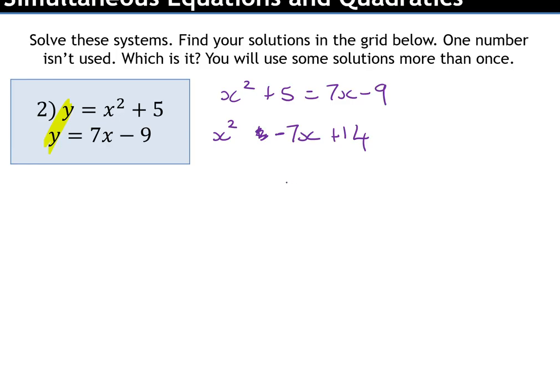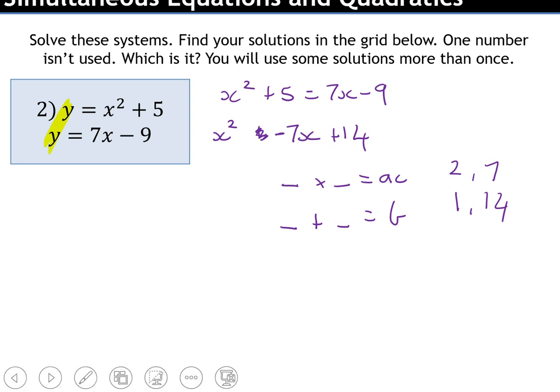Now, next I need to look at the two numbers that times together to equal AC to factorize and two numbers that add up to B. Well, AC is 14, so it could be 2 times 7, or it could be 1 and 14. Now, I'm struggling to see a relationship here for it to add up to -7.